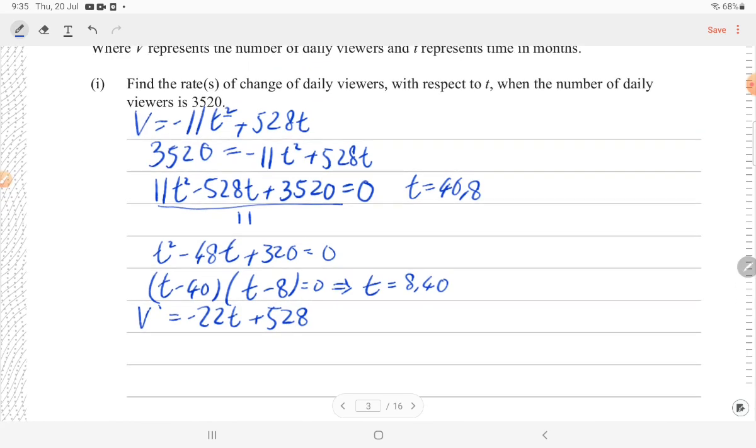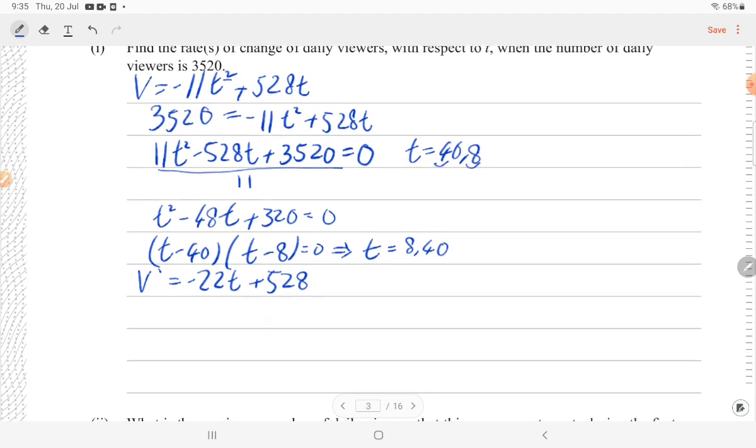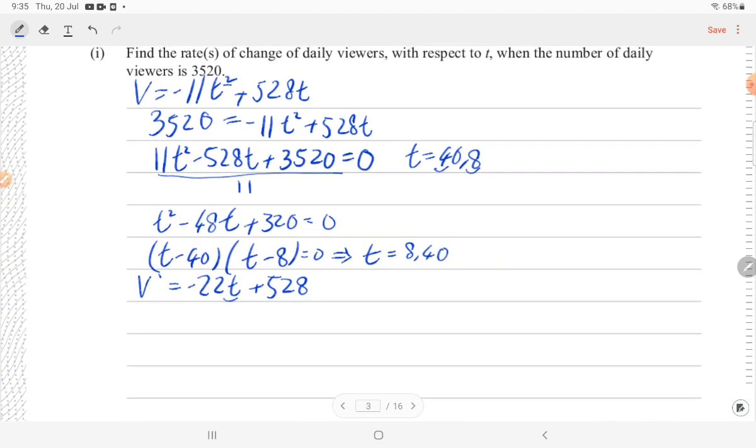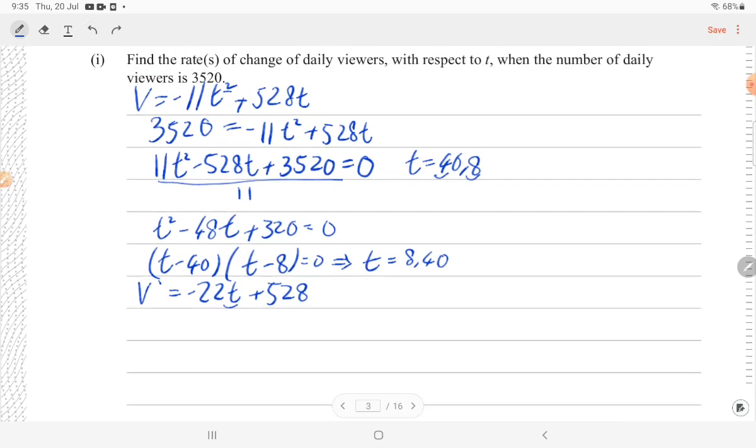So the number of daily viewers being 3,520 could be at t equals 40 or t equals 8. We need to plug either t equals 40 or t equals 8 into this equation to figure out the rate of change when we have a daily viewer count of 3,520.